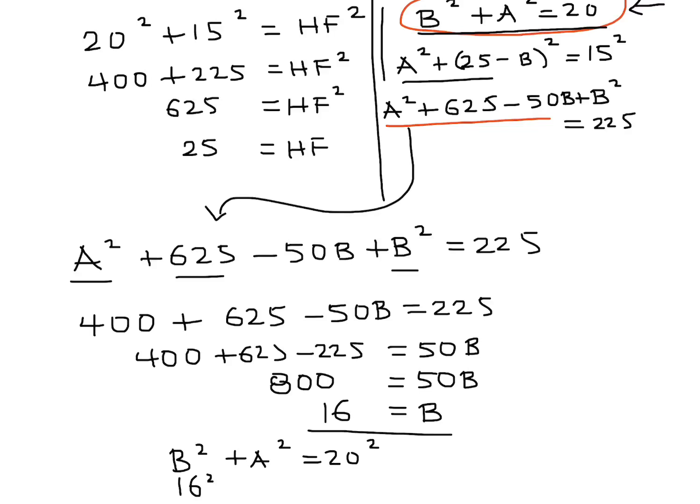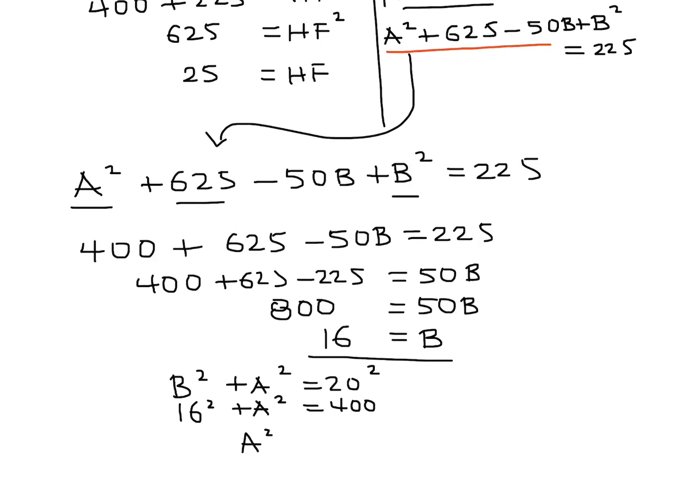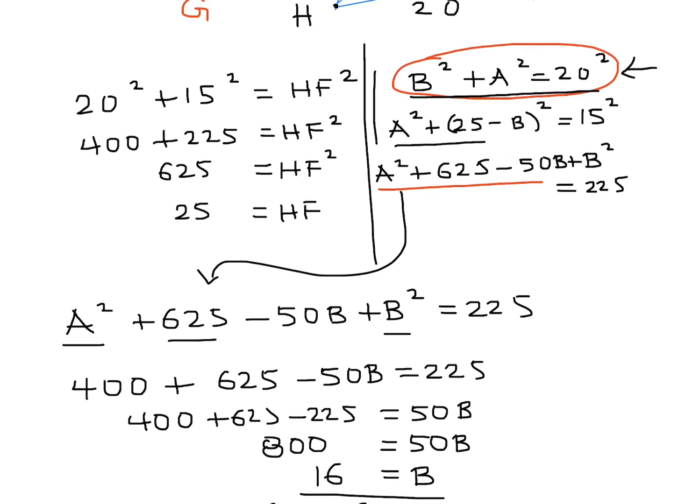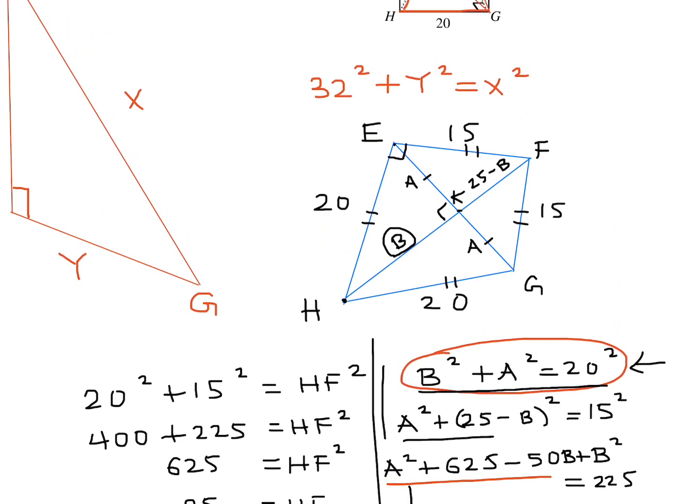So we have 16 squared plus A squared is 400. A squared is equal to 400 minus 256. A squared is equal to 144. A is equal to 12. So therefore, we are almost done here.